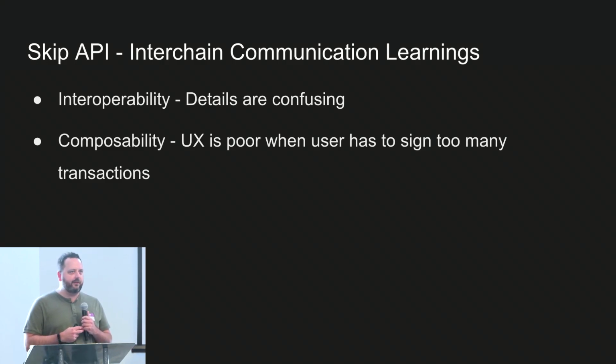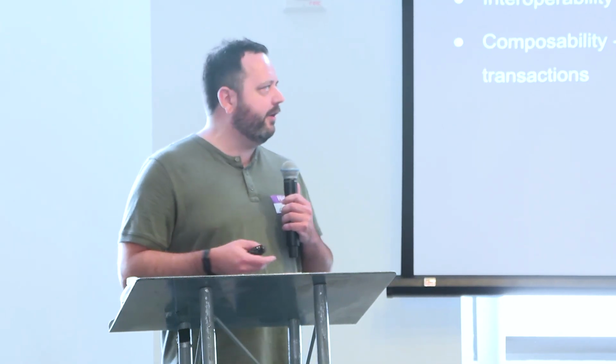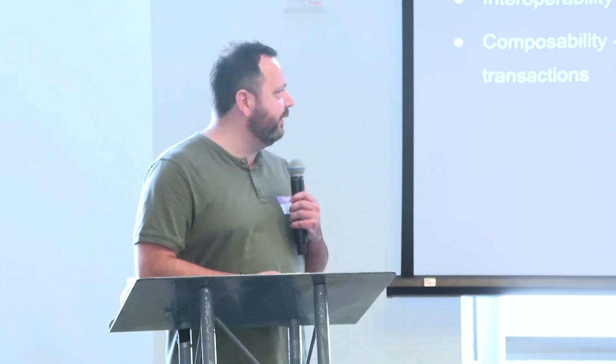But the details are confusing. Oftentimes, if everything lines up, the details don't matter. But when they do, you often just get stuck. It's not impossible, you just have to do research to figure out how to unstick yourself.